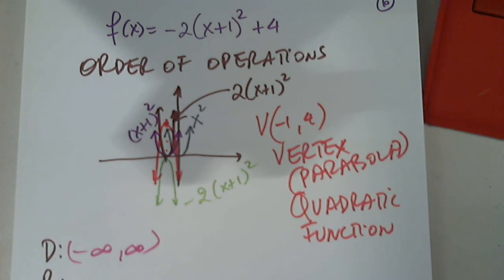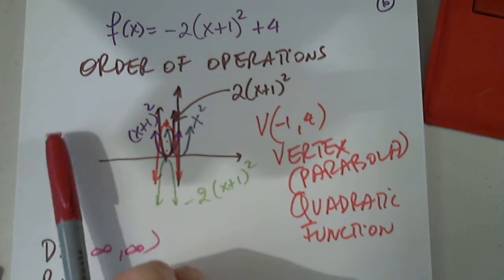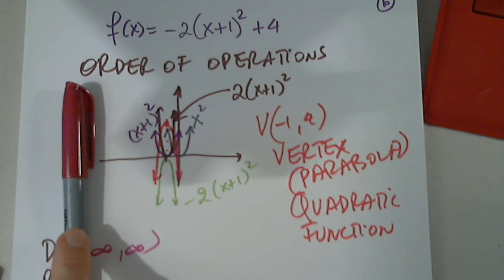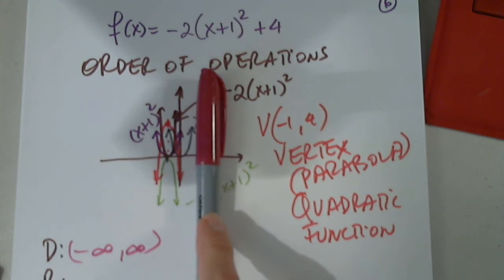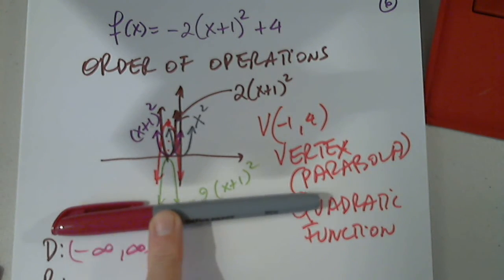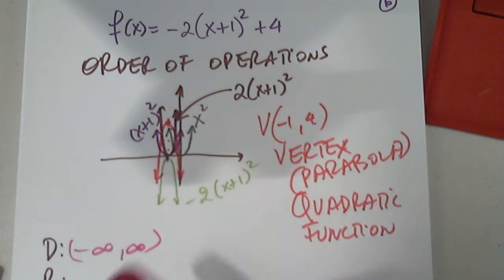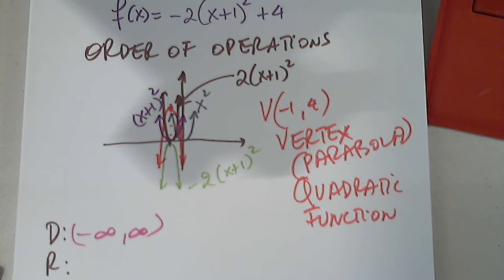Okay, so let's talk about the range again. When we talk about the domain, we sweep the graph from left to right. When we talk about the range, we sweep the graph from below to the maximum possible value where the function exists.